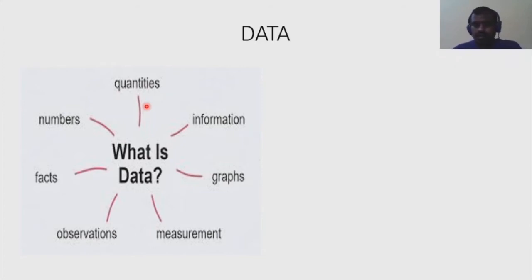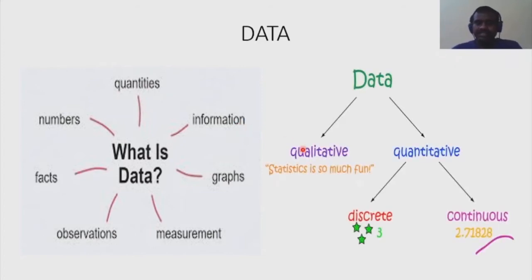Okay. Now, data is further classified into qualitative data and quantitative data. In qualitative data, each data will be in the form of a statement. For example, on your marks card, you have the grade, that is A plus, B plus, C plus, and so on. That is qualitative.